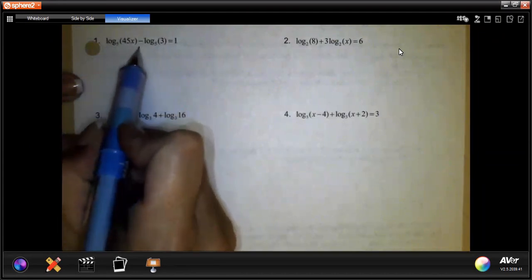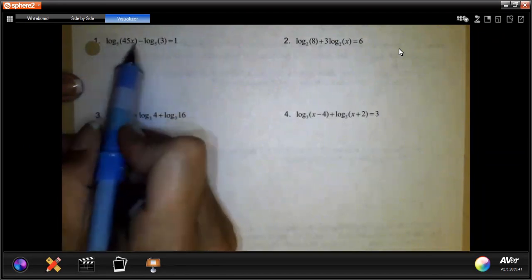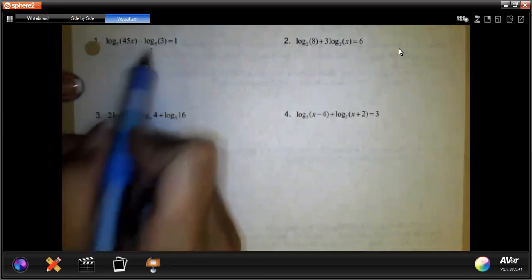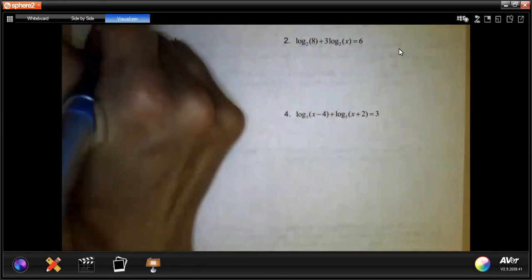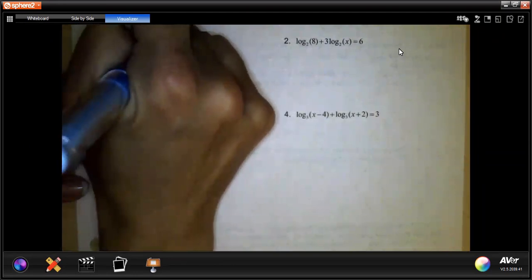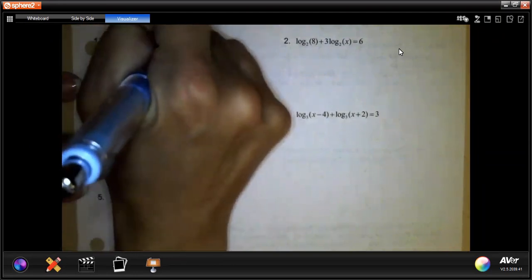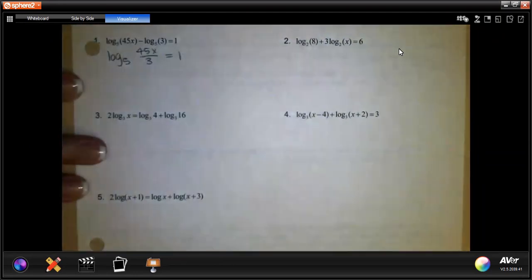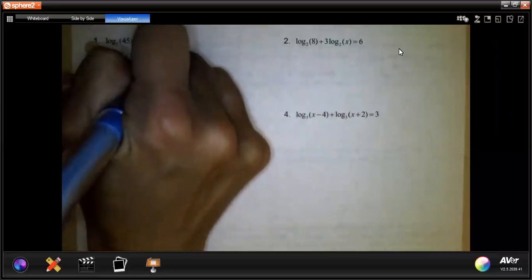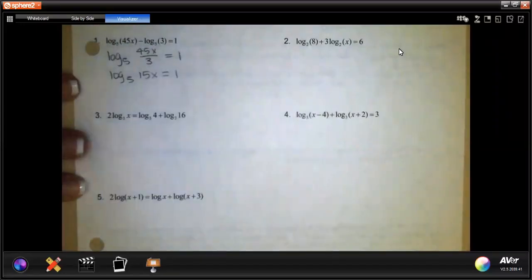The log property tells you that if there is a minus between two logs and they're both exactly the same base, like these are, then we keep the single log, log base 5, and we divide the arguments. So we get 45x over 3 is equal to 1. I can simplify that to 15x equals 1.